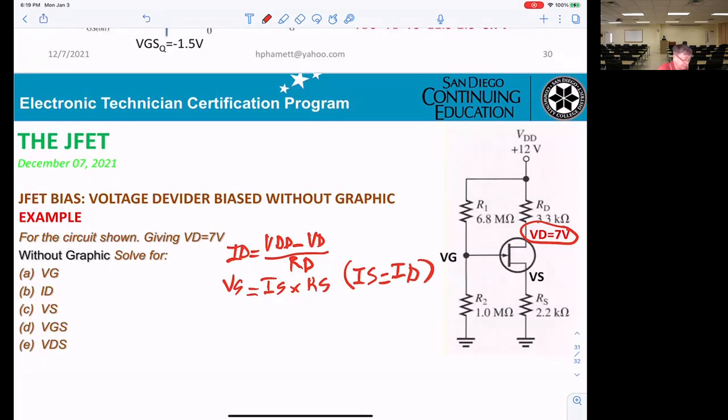You know right away how to calculate it. The formula you are writing gives the same answer. To find out VS, you can do VDD minus IDRD, same as VS, what you wrote, IS times RS.